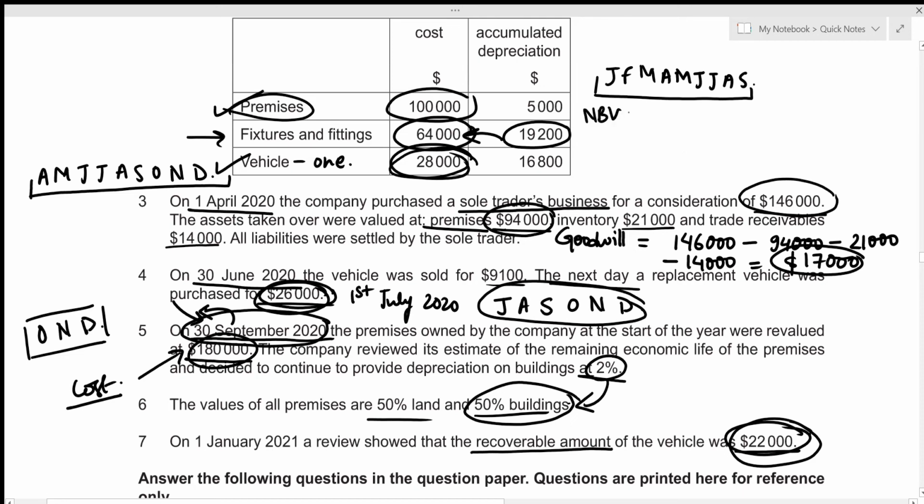So net book value at 30 Sept 2020, that's just going to be our cost, 100,000, minus accumulated depreciation, minus the depreciation charge for these 9 months.